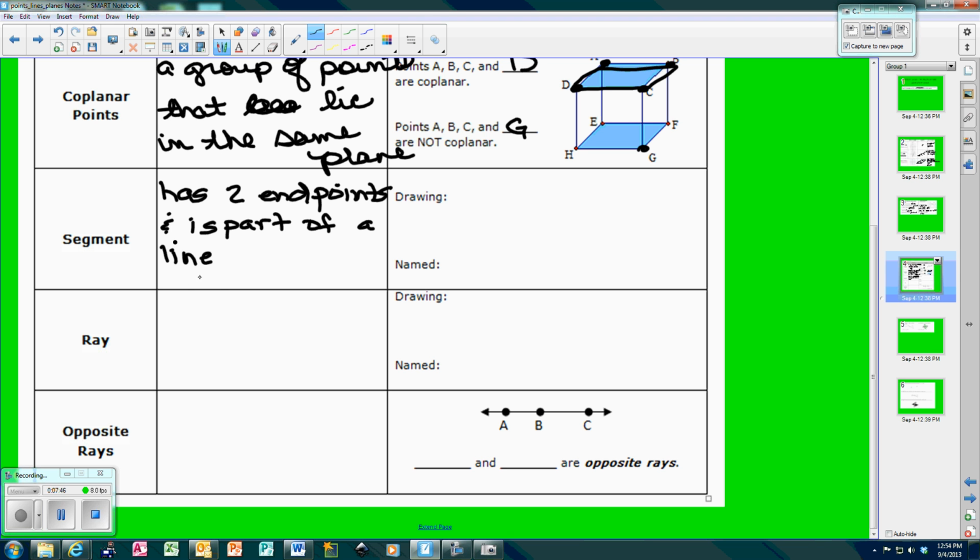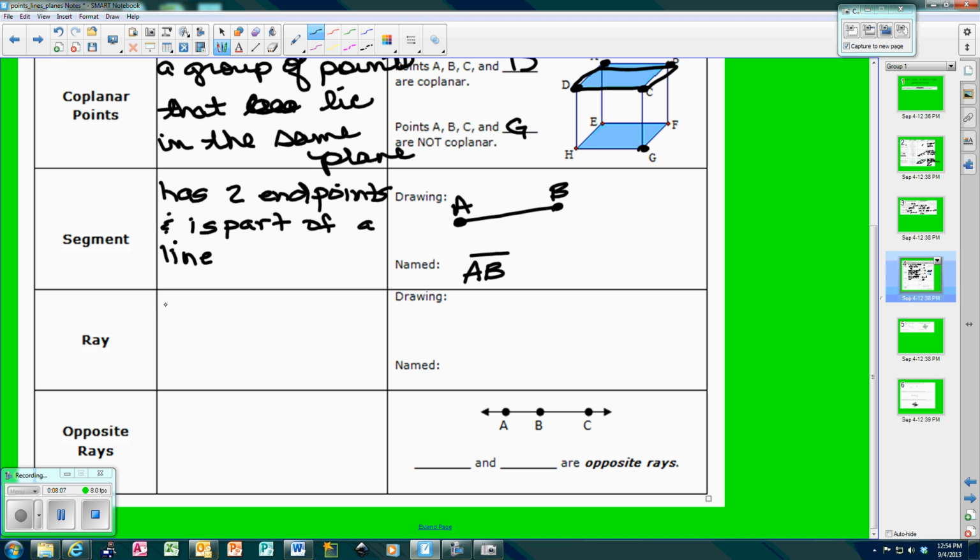Order does not matter when naming a segment. So the drawing of a segment would look like this. So I could say A, B. So this would be named segment AB, and I would put a segment symbol over the top.